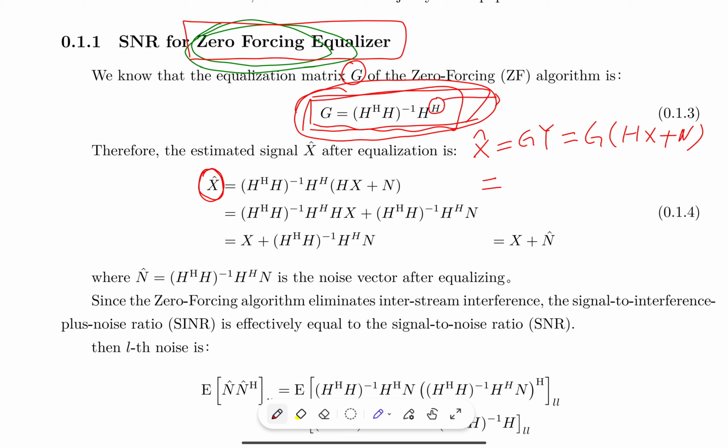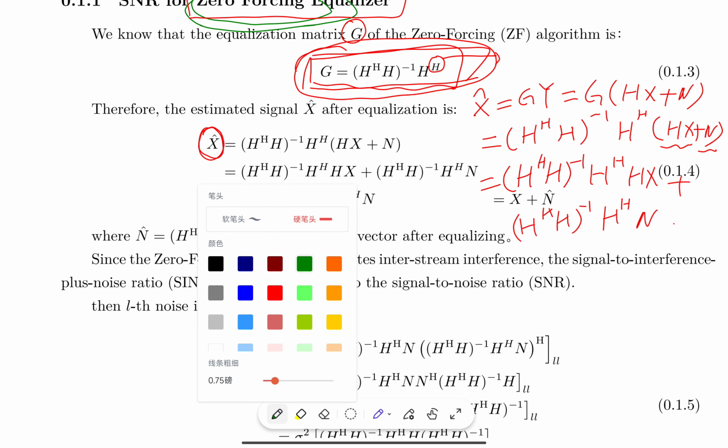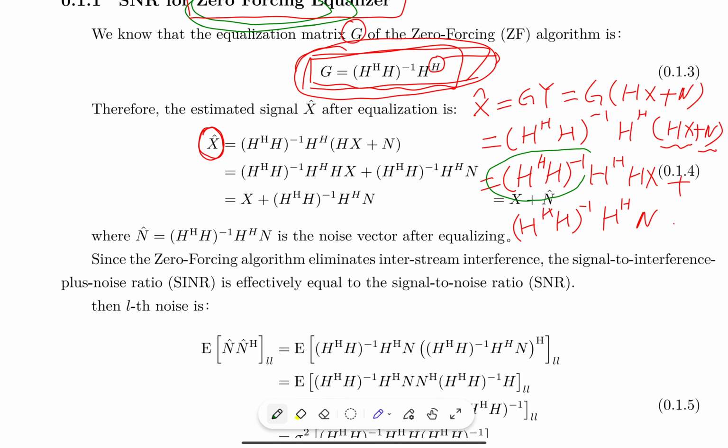So we use this inverse of H, and multiply it with HX plus N. We get the inverse of H times HX plus the inverse of H times N. Now these two can cancel each other, the inverse and the original matrix.